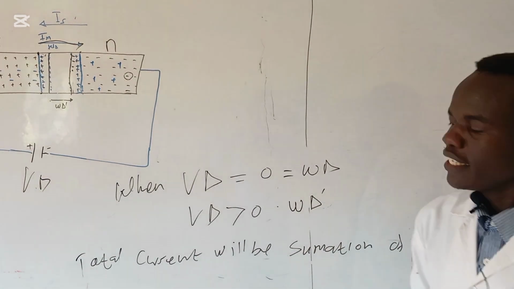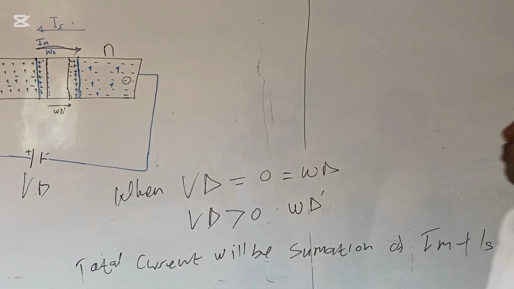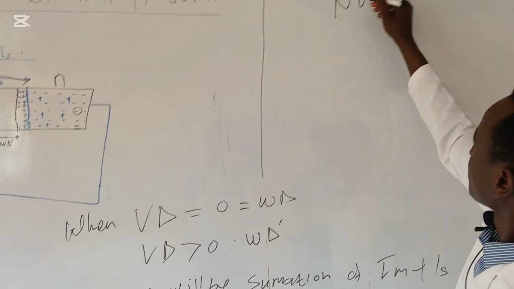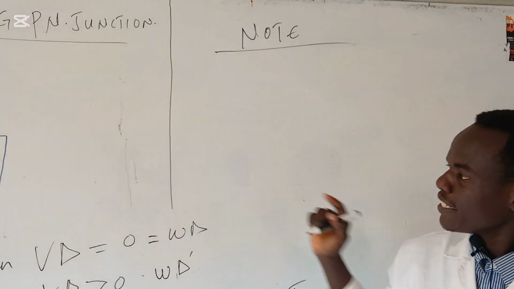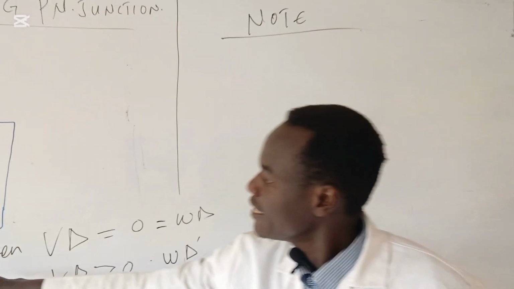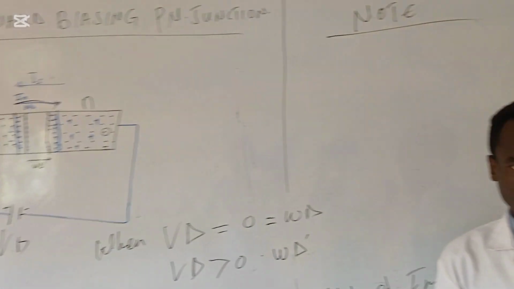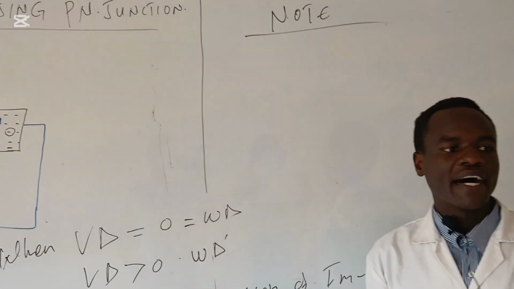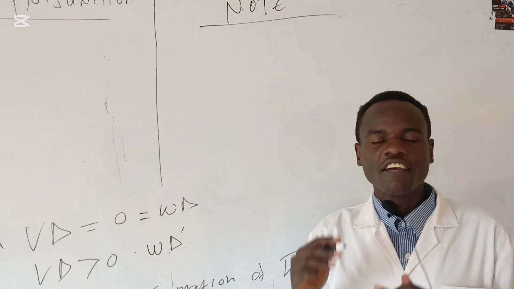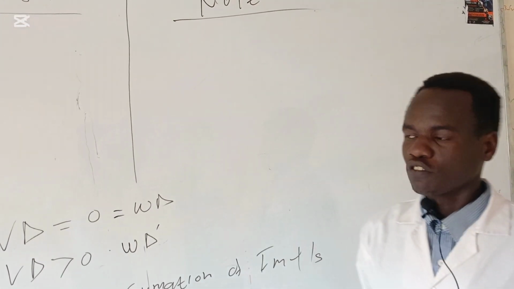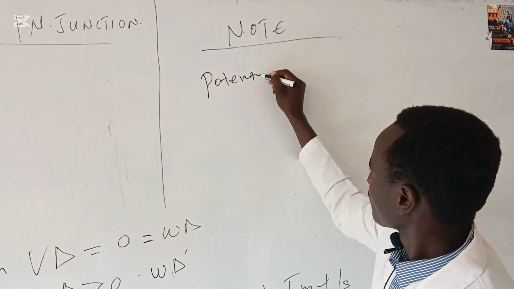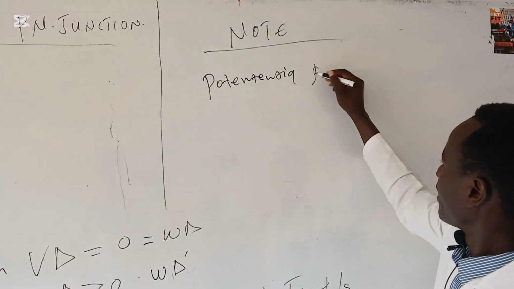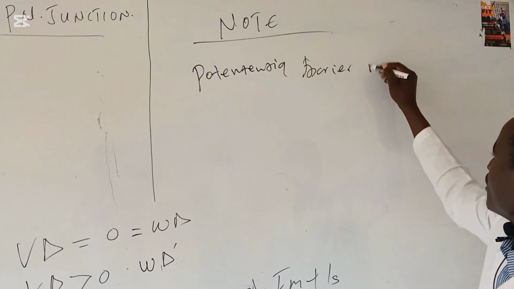What do we note in the p-n junction? We note that when a VD is applied to the p-n junction, the potential barrier is reduced due to the forward biasing of the p-n junction. The potential barrier reduces.